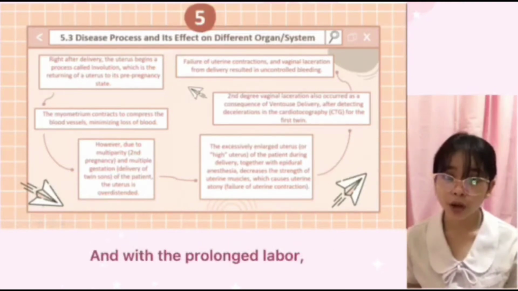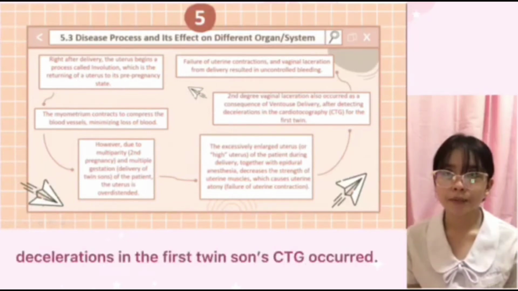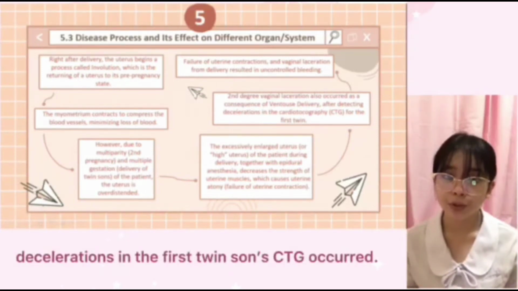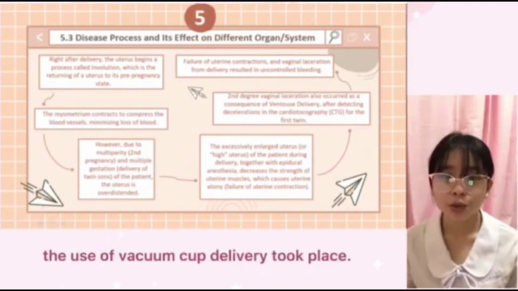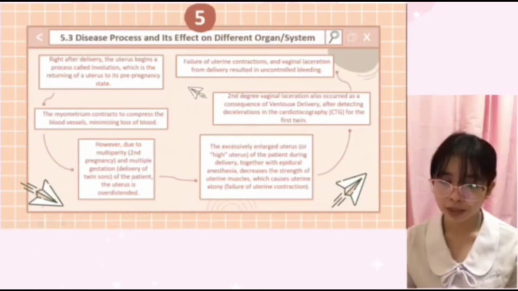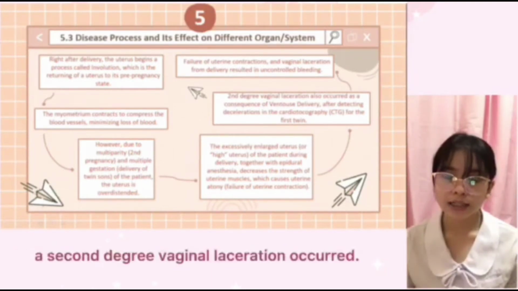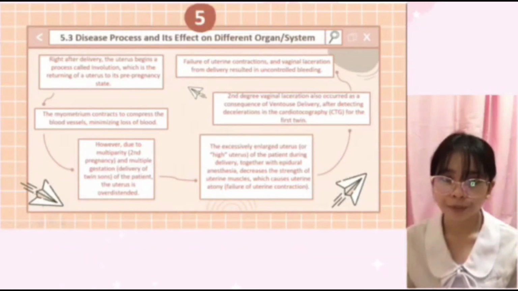And with the prolonged labor, decelerations in the first twin son's CTG occurred. That's when the ventouse, or use of vacuum cup delivery, took place. Due to the use of the vacuum cup to deliver the twins, a second degree vaginal laceration occurred.